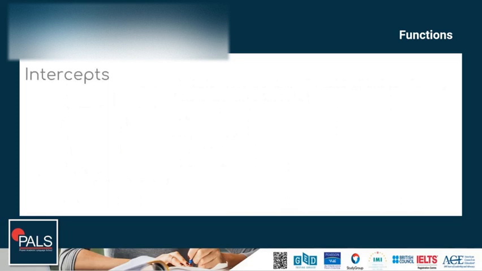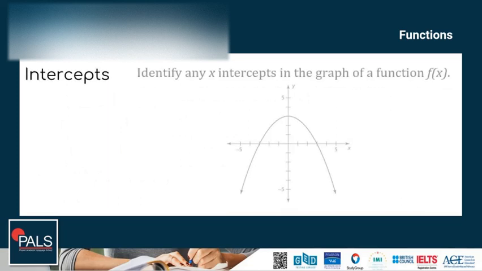Now let's proceed to intercepts. Identify any x-intercepts in the graph of a function f of x. When we say x-intercept, this is the point where the graph passes through the x-axis.